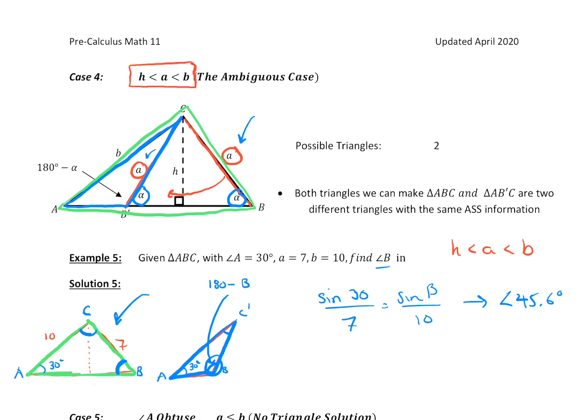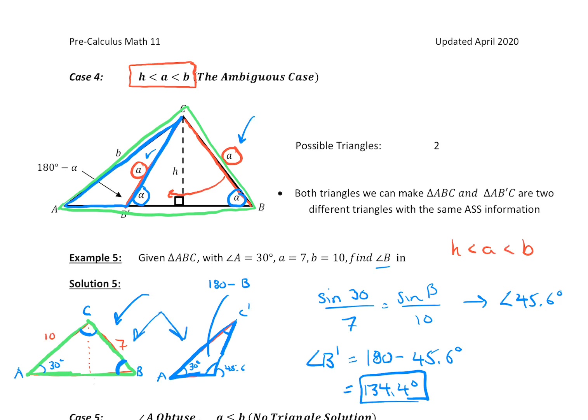So this angle is 45.6, and the other piece of angle B, we'll call it angle B prime, is 180 minus 45.6. I'm going to do an example a little while later that shows solving everything. But you have two possibilities for angle B depending on which triangle you've created. So that is the ambiguous case.